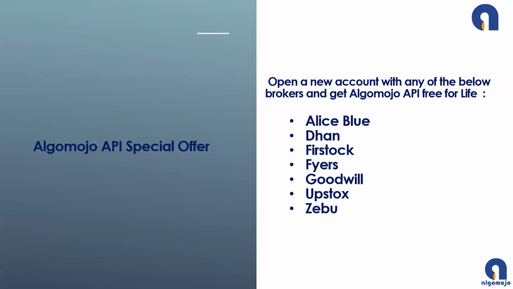You need not incur any cost towards automation. All you have to have is a good strategy, either in platforms like TradingView or Chartink, or any other Amibroker kind of environment, and you can automate your signals without any charges. How to open a new account with Algomojo as a reference, we will look at that also shortly.